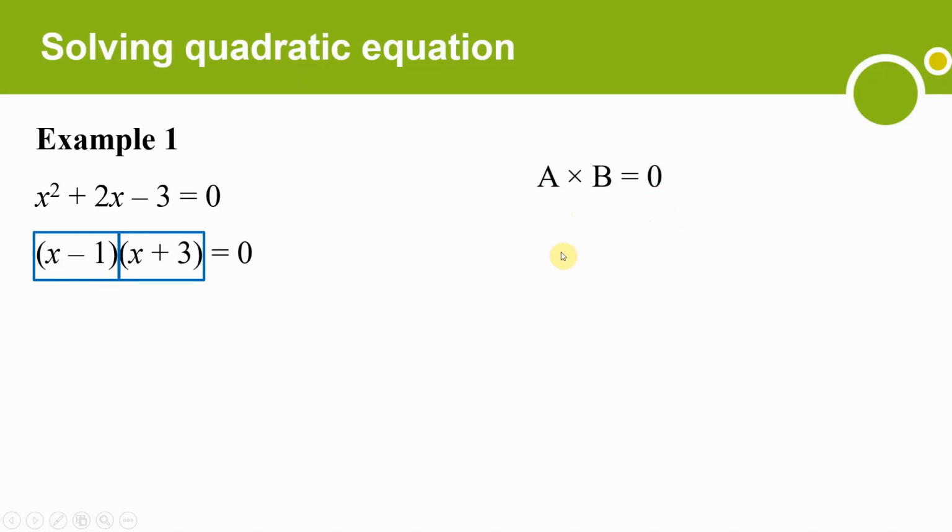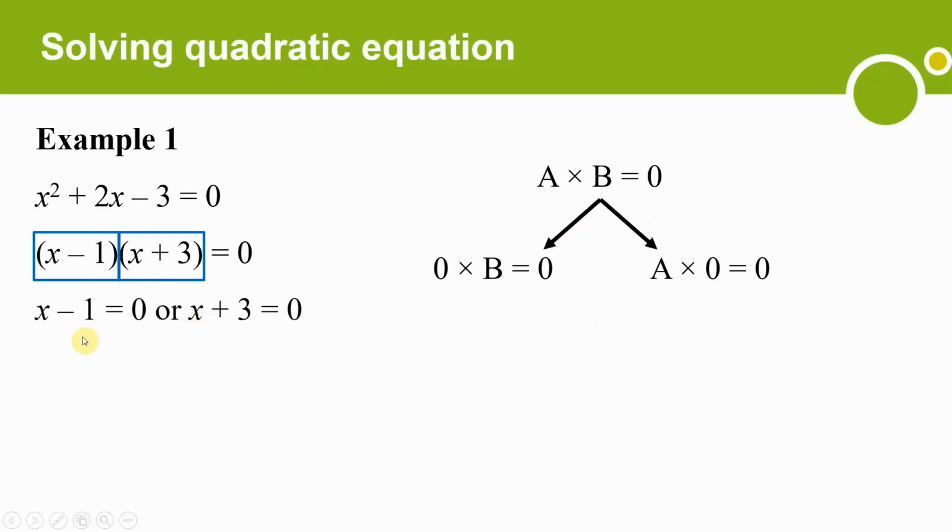So there are two cases. One is when a is 0, 0 times b is 0. The other case is when b is 0. So let's apply to this question here. When one of this bracket is equals to 0, we will get the answer. So we equate it. x minus 1 equals to 0 and x plus 3 equals to 0, and x equals to 1 and x equals to -3.